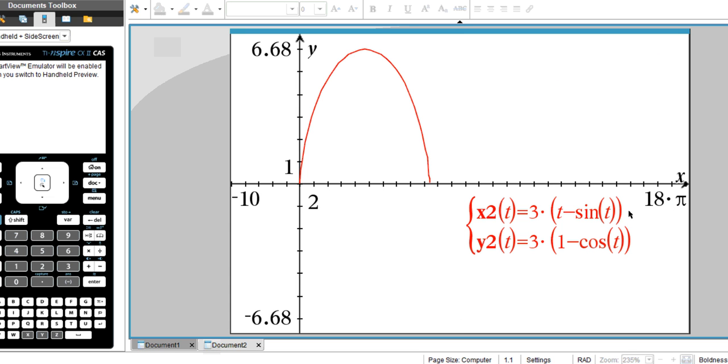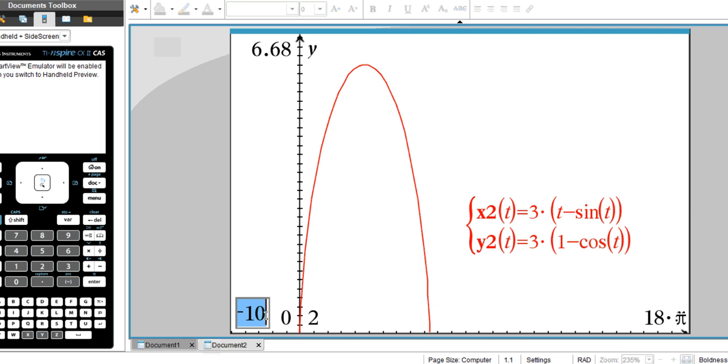It helps if you're looking at 0 to 18 pi horizontally and 0 to 6 vertically.